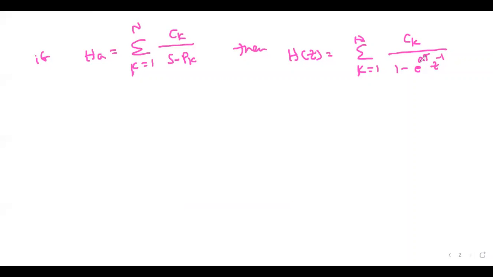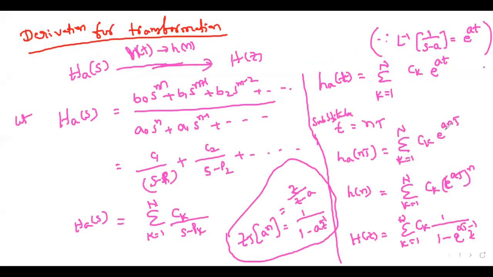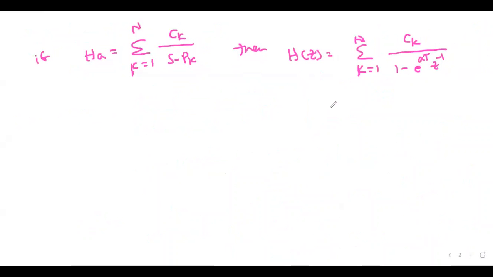Sorry, here I wrote a T, how did a come? It's actually p_k, right? It is p_k. So it is e power p_k T. The T is the sampling period. Understood this?